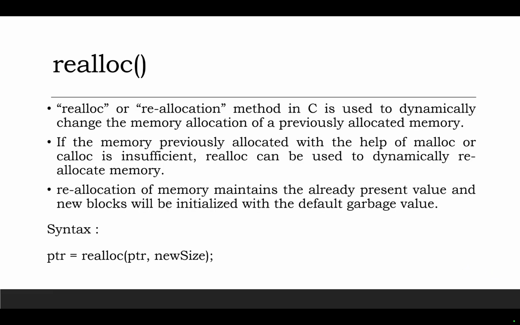The next one, reallocation. The realloc method in C is used to dynamically change the memory allocation of previously allocated memory. So if you have allocated memory space using malloc and you want to change its size, you can use the reallocation method.